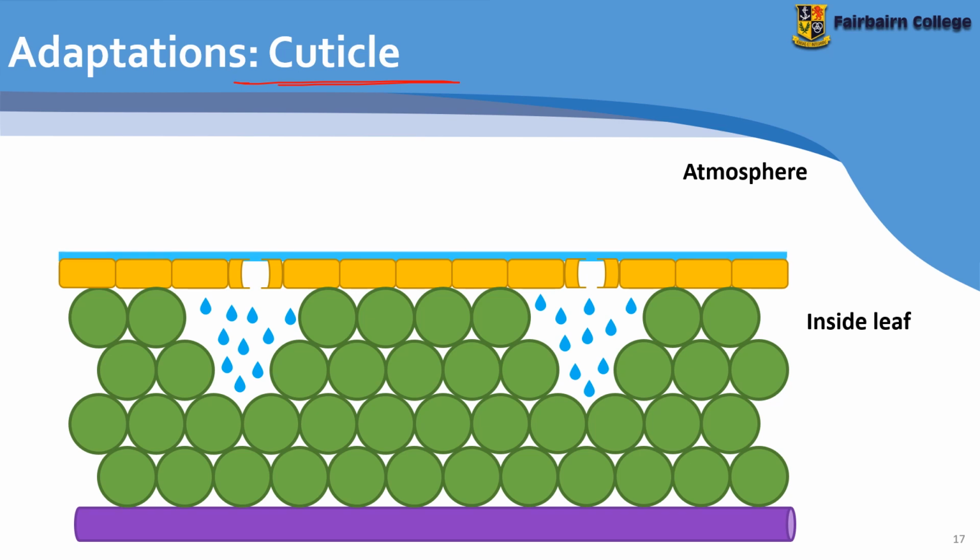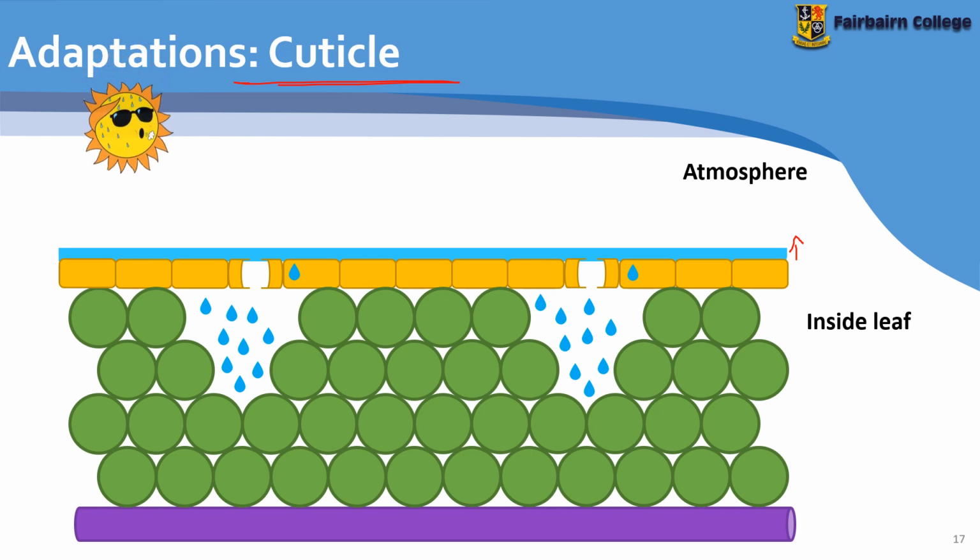So some plants have a thicker cuticle, and they also have a shiny cuticle, because the shinier the cuticle, the more of the sun's infrared radiation will be reflected, and that reduces the temperature inside of the leaf, which reduces the rate of transpiration. So two adaptations of the cuticle are a thicker cuticle and a shinier cuticle.